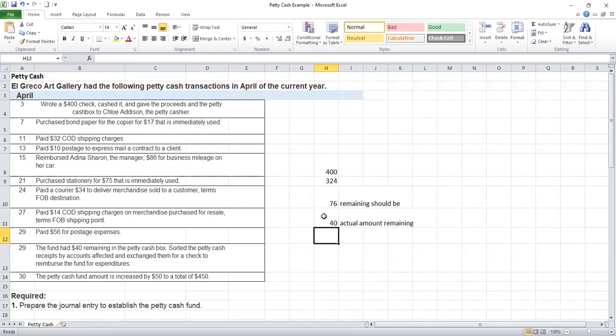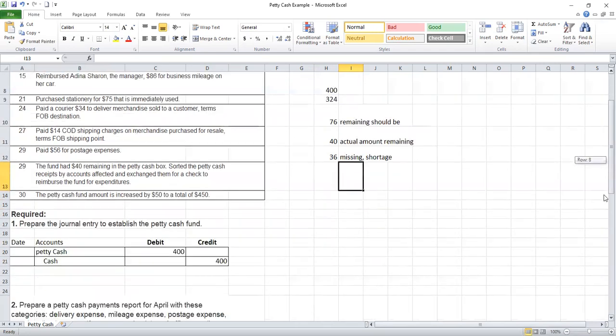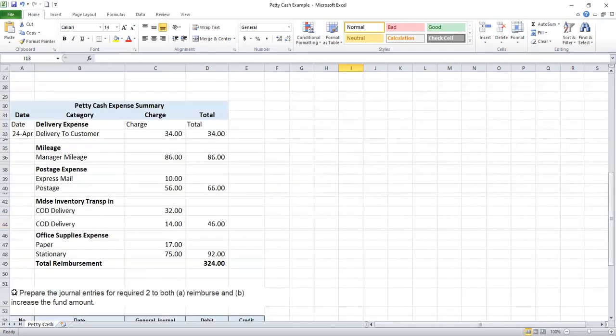So we have to find the difference. We should have had 76. We actually have 40. $36 is missing. And specifically, since we have less money than we should have, this is called a shortage. So we have a $36 shortage. Okay, so keep that in mind. We don't put that anywhere in the expense report. We don't have to. I mean, if you wanted to, you could, but you don't have to.